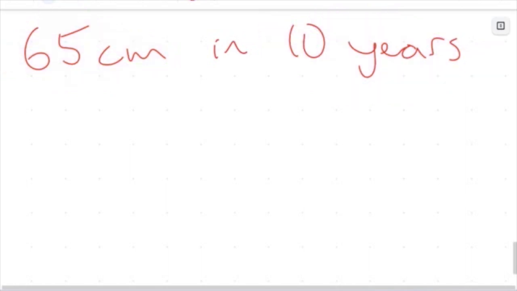And to do that is no different to how we've been approaching these questions up until now. We want to find how much did he grow in 1 year? And we can get that by taking this 10. How can we get from 10 to 1? We can use the unitary method. We can divide 10 by itself to get us to 1 unit.